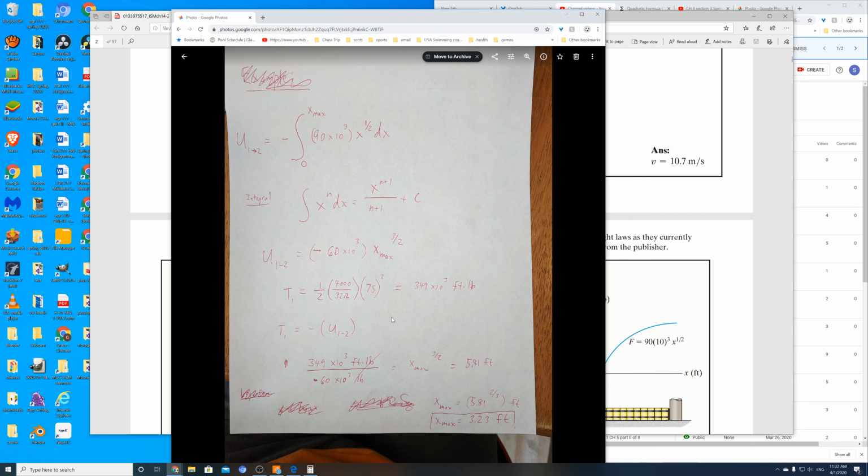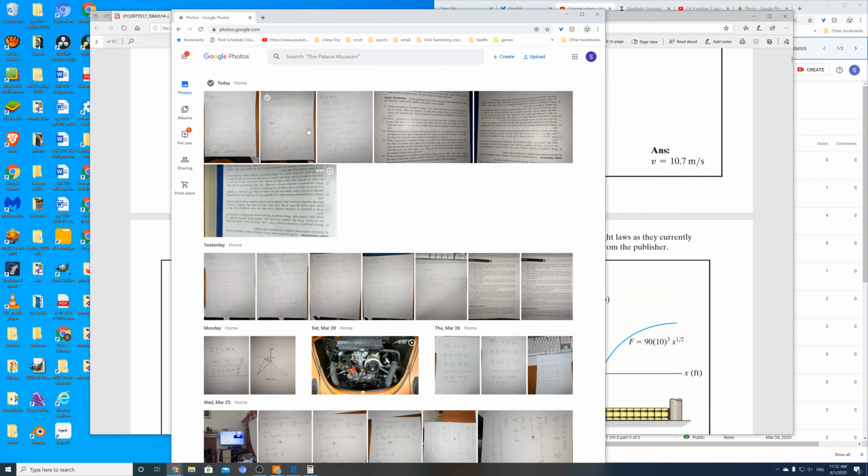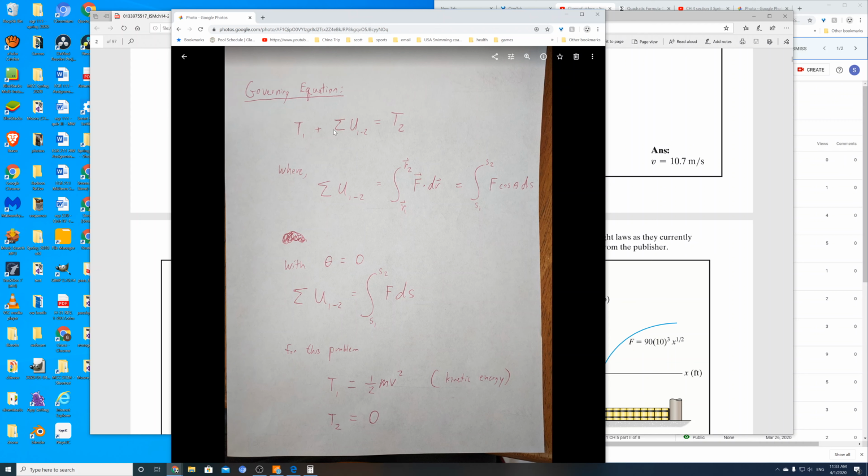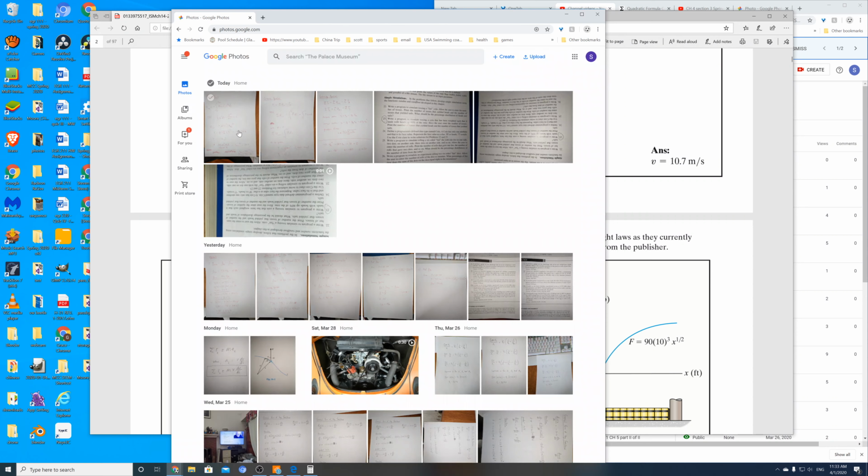If I go back to my initial equation, I put this over into the other side. T1 is equal to the negative of this, and since it has a negative sign in it, those two negative signs cancel out.